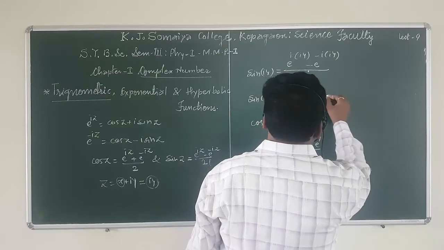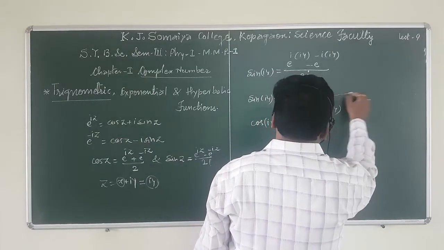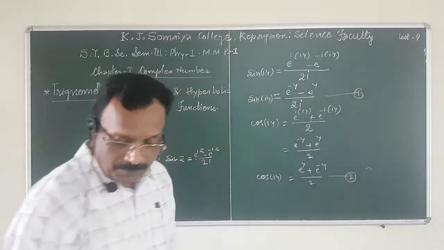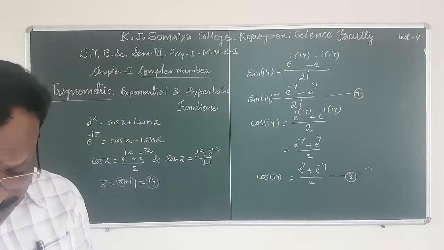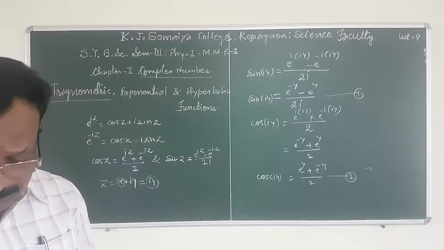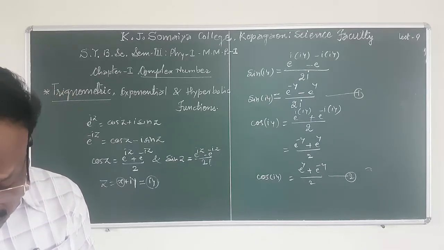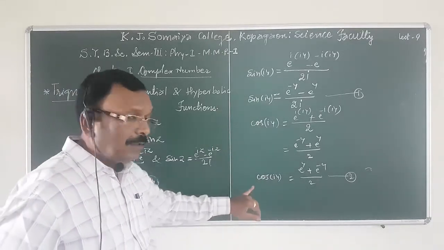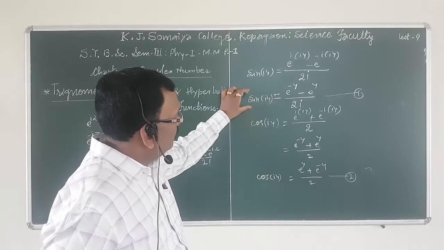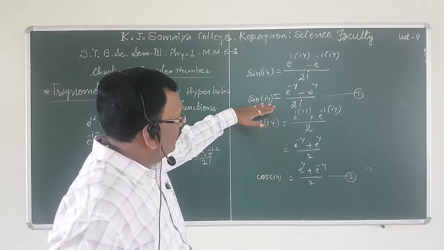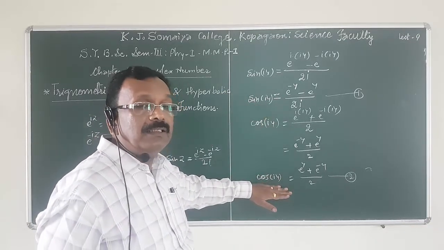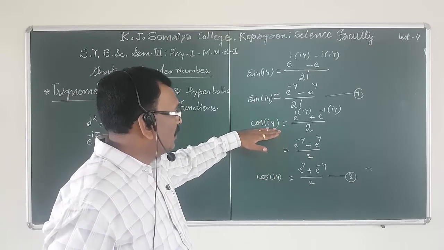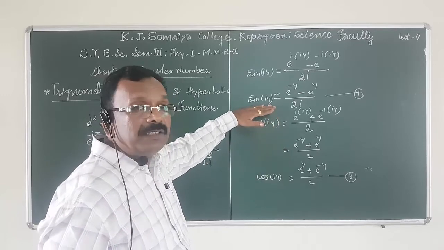Suppose this is equation 1 and this is equation 2. Now, from equations 1 and 2, we have the hyperbolic functions. Note that here sin iy and cos iy are hyperbolic functions, and they are abbreviated as cosh and sinh.